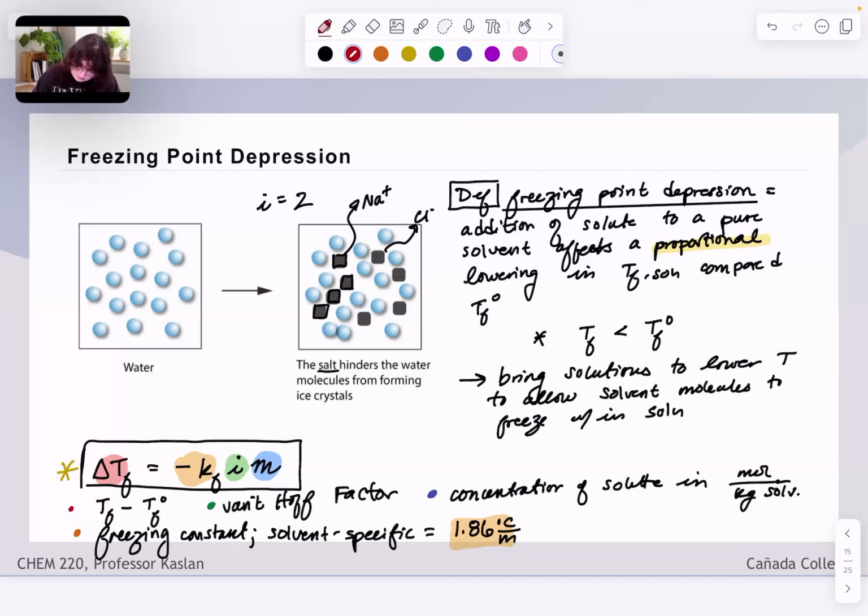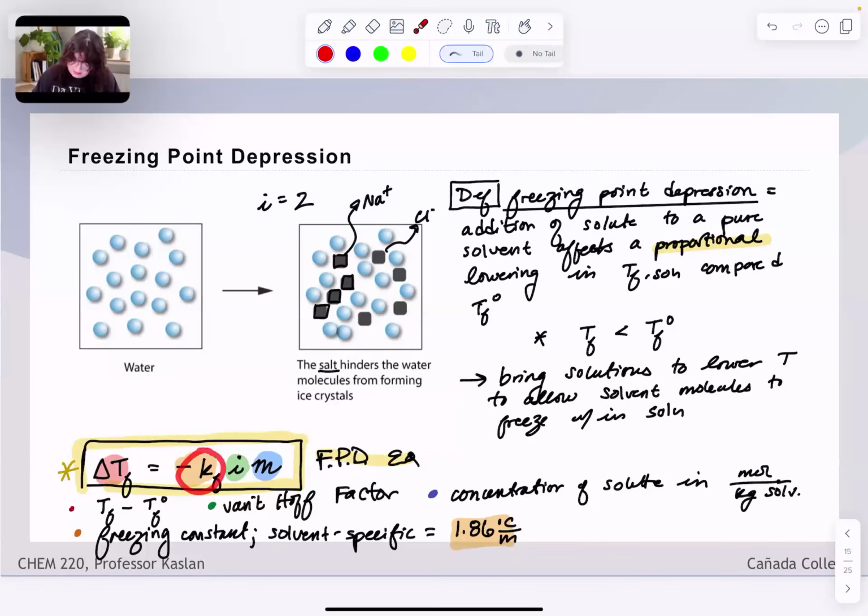So this is our freezing point depression, FPD, equation. And how is this a directly proportional relationship? So K is a constant, i is a constant, where K is a specific constant for the solvent, i is a specific constant for the solute.